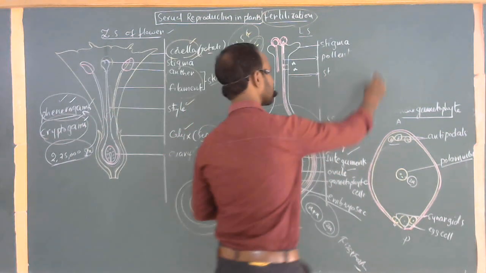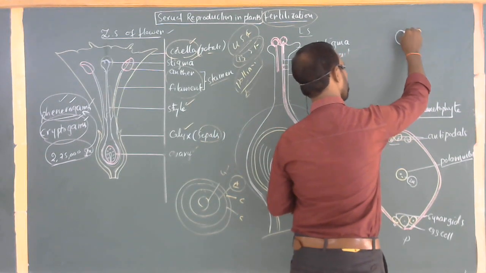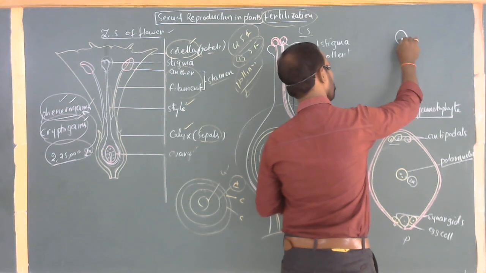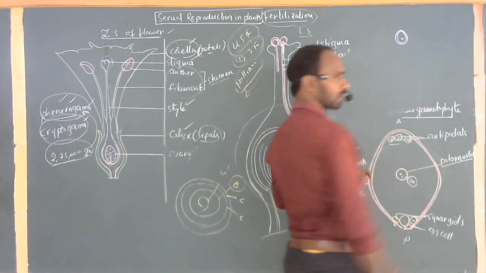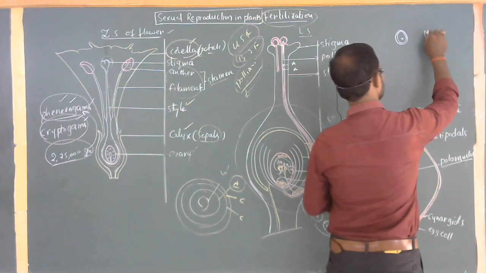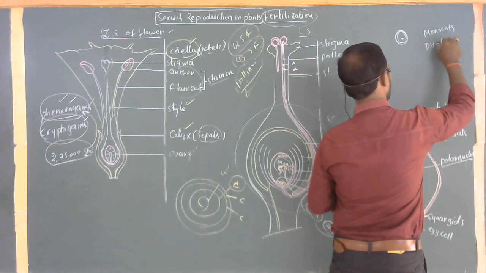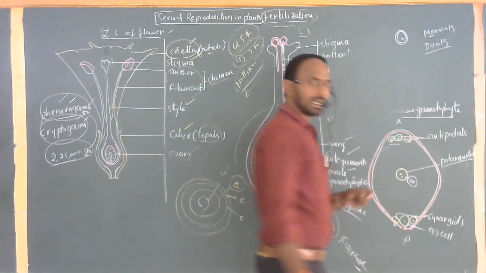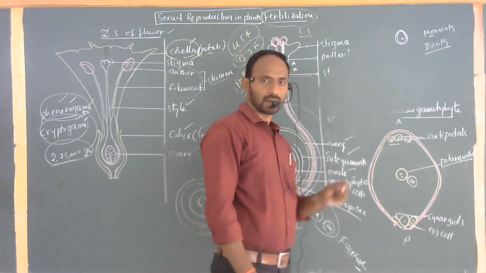After formation of this, do you know already monocots and dicots? Single cotyledons are present in monocots, two cotyledons are present in dicots.